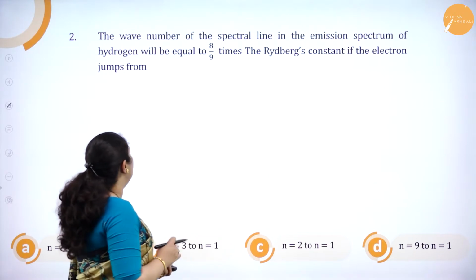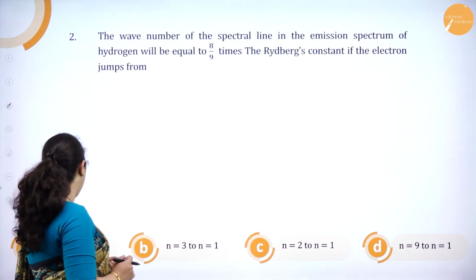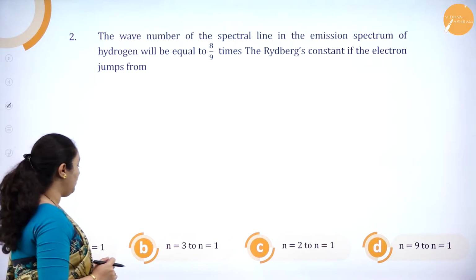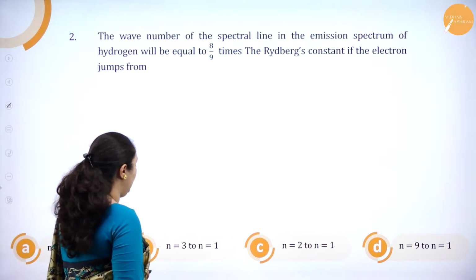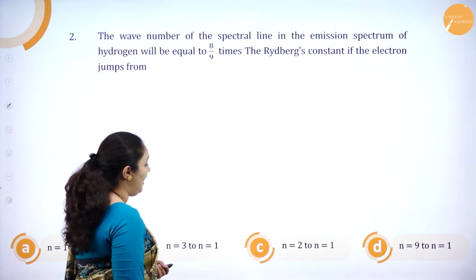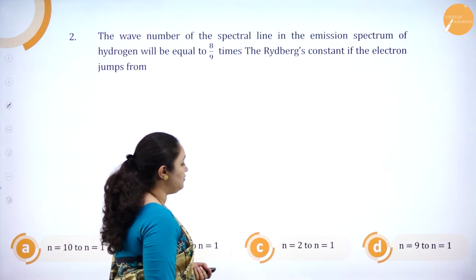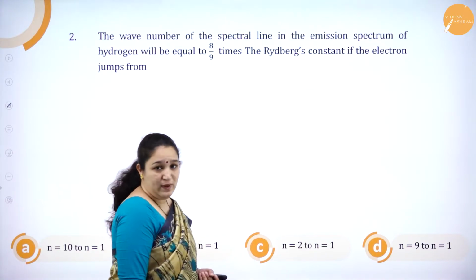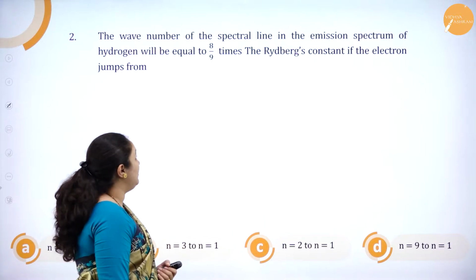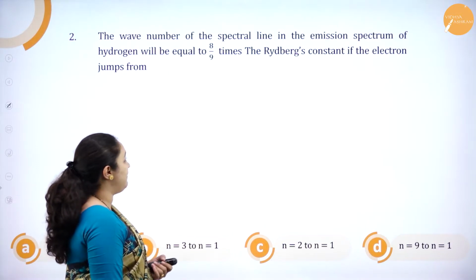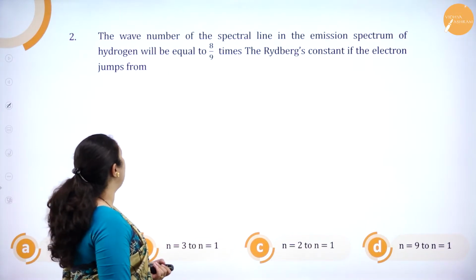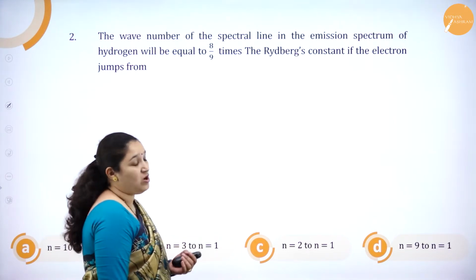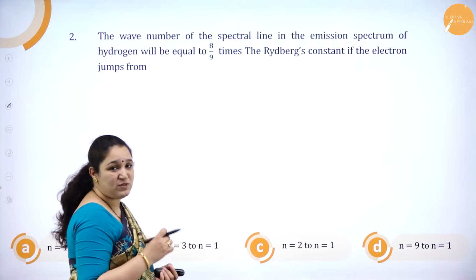If the electron jumps from option A, n is equal to 10 to n is equal to 1, option B, n is equal to 3 to n is equal to 1, option C, n is equal to 2 to n is equal to 1, option D, n is equal to 9 to n is equal to 1. So what is the question they have asked? The wave number of the spectral line in the emission spectrum of hydrogen will be equal to 8 by 9 times of Rydberg's constant if the electron jumps from.